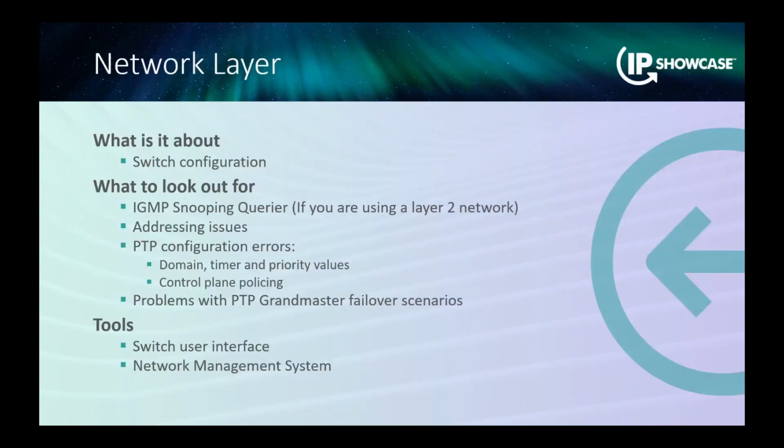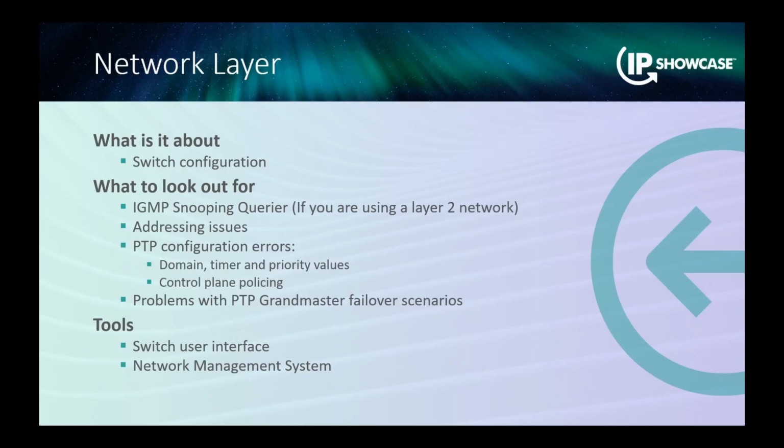So let's move up one layer, the network layer. This is about how you configure your switches and make them work together as a network. What to look out for here, if you are using a layer 2 network, that is, you do not have a routing instance in your network, which is true or can be true depending on your design for a monolithic network, then you need to have an IGMP snooping Querier.